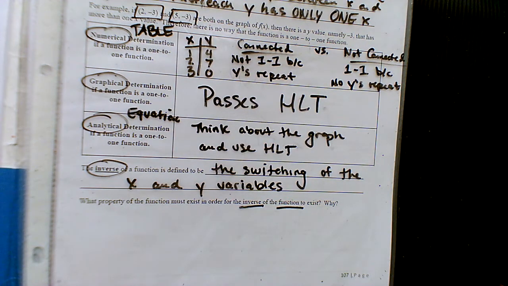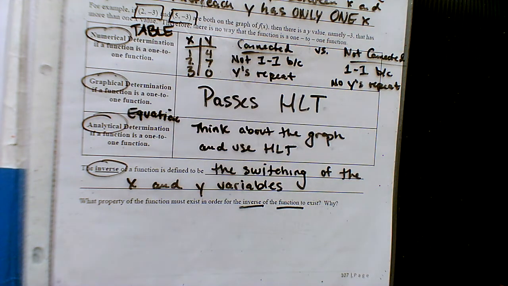So if you were to start with a table that we know is a function, meaning no repeating x's, and you were to switch the variables, x's become y's, y's become x's, how can you tell if that new table of values is also a function?